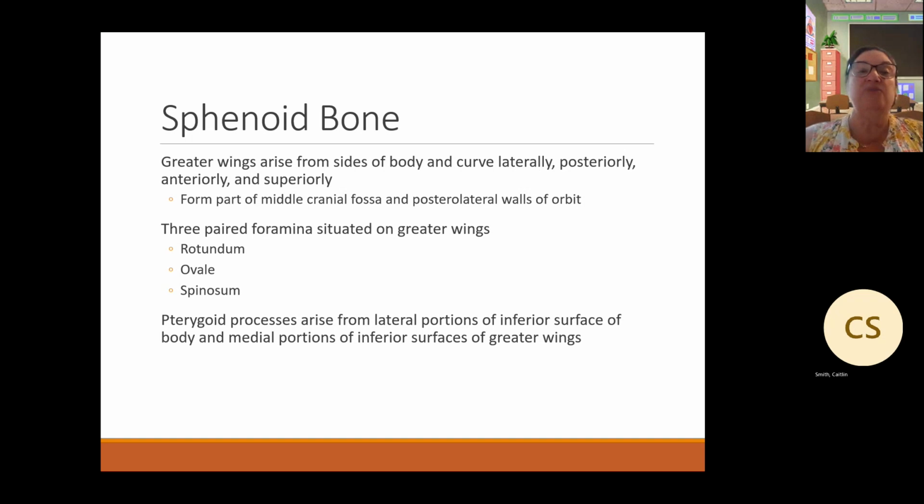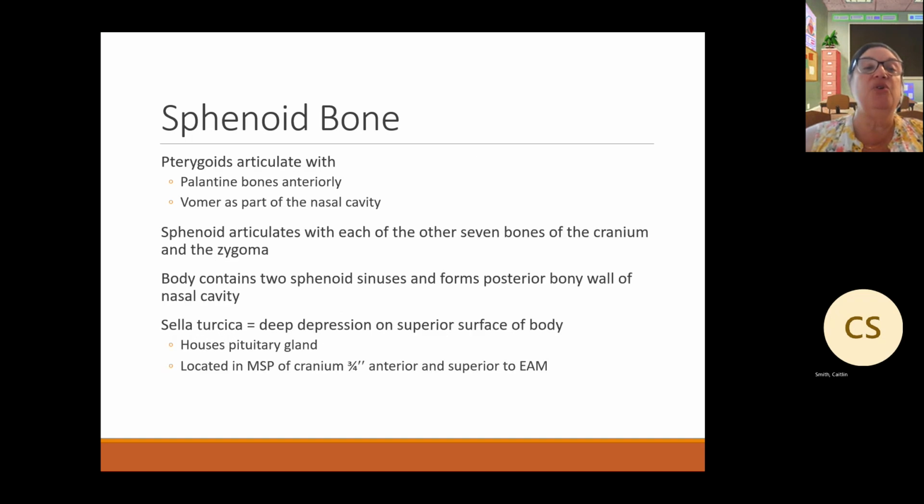The pterygoid process arises from the lateral portion of the inferior surface of the body and the medial portion of the inferior surface of the greater wings. So this kind of gets a little complicated with skulls. That's why I suggested if anybody wanted the PowerPoints ahead of time, it's great to study.